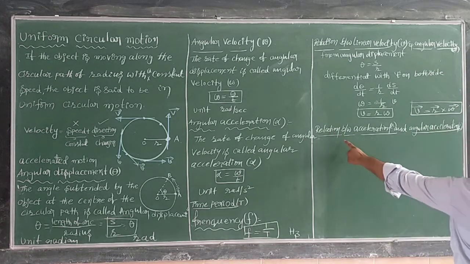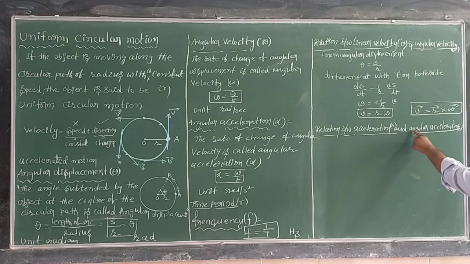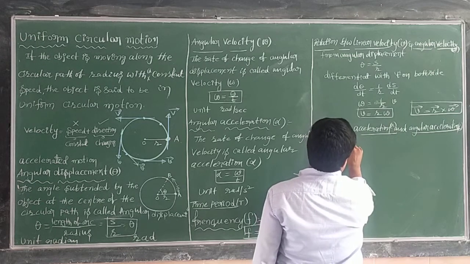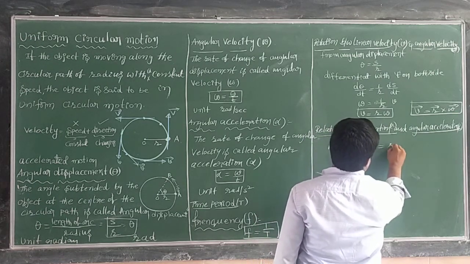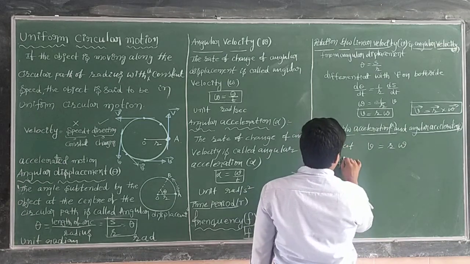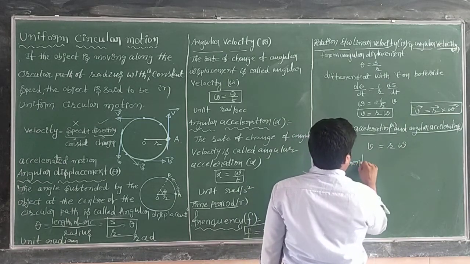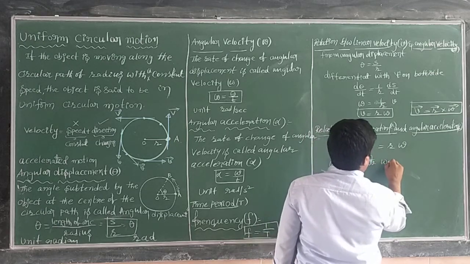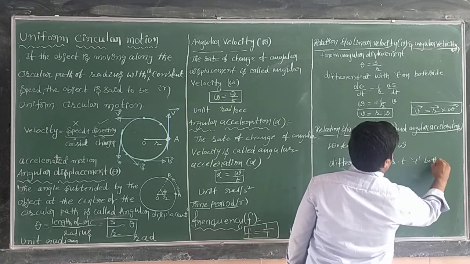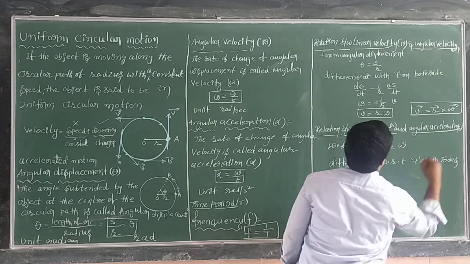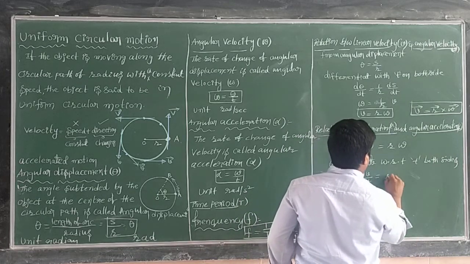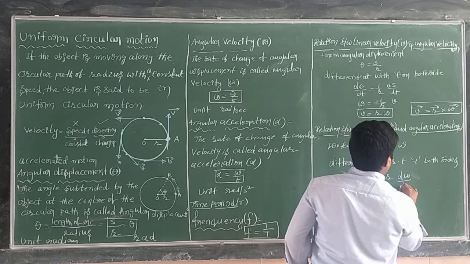Next one, the relation between linear acceleration and angular acceleration. We know the relation between linear velocity and angular velocity, v equal to r omega, so differentiate this with respect to time on both sides. dv by dt is equal to r into d omega by dt.